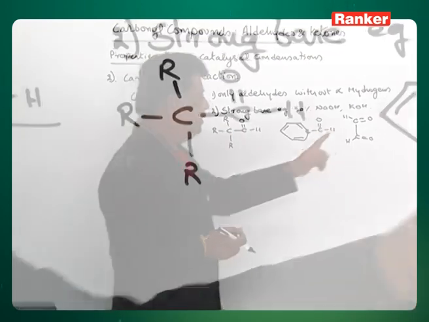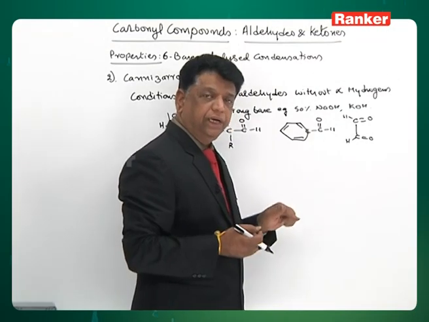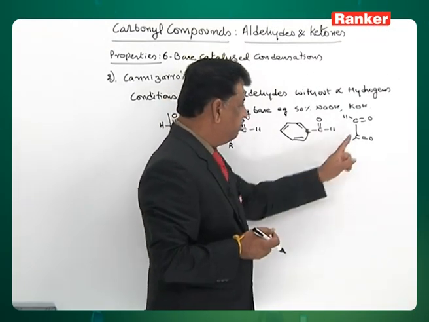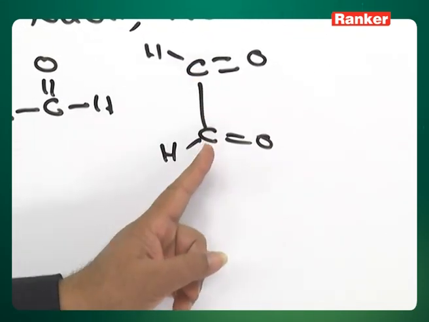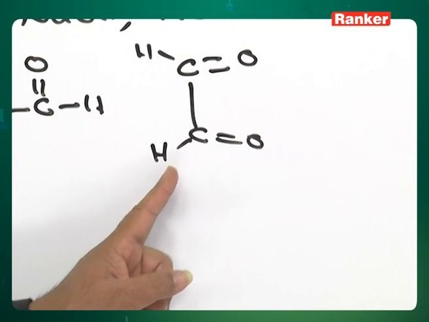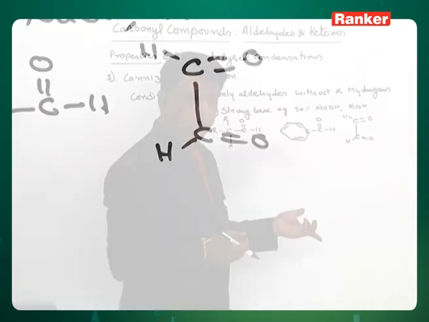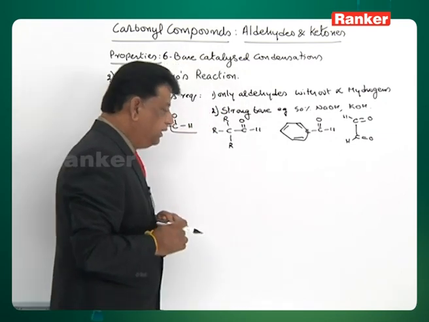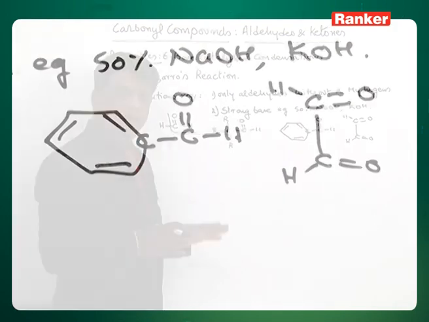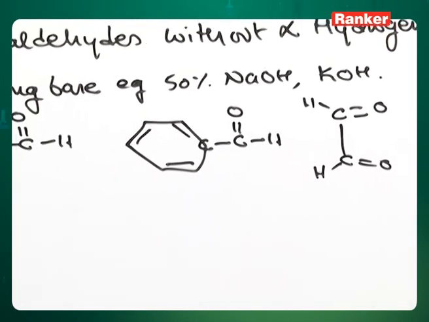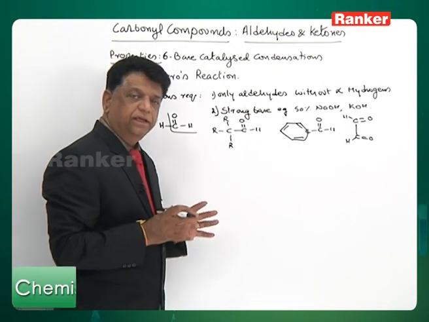That means the carbon immediately next to the carbonyl carbon should be saturated, with hydrogen on it. Here, by virtue of position it is alpha to the functional group, a carbon on which hydrogen is there, but can this show hyperconjugation? No, both are unsaturated only. Therefore, it is not by position but conceptually. Alpha hydrogen means hyperconjugable or tautomerizable or enolizable. That concept is important here.